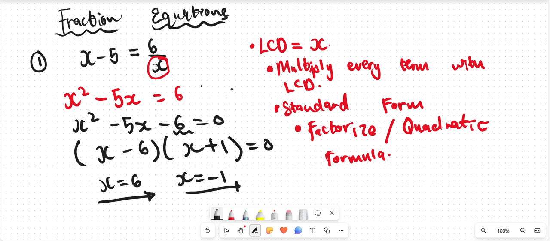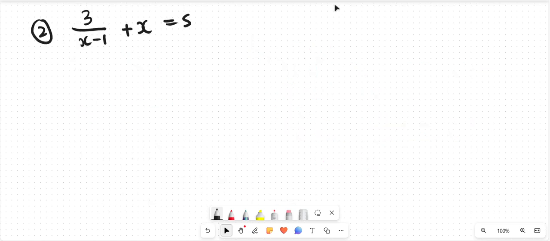That was question 1. We're going to be applying these steps for every single question. So let's do question number 2. All right, so question number 2, we have it in front of us. This time, the only denominator that I have is x minus 1. So what will be my LCD?